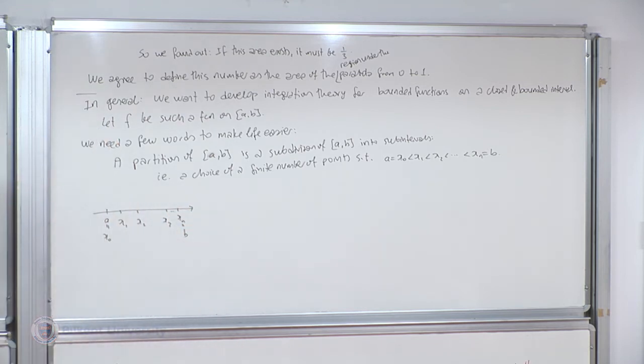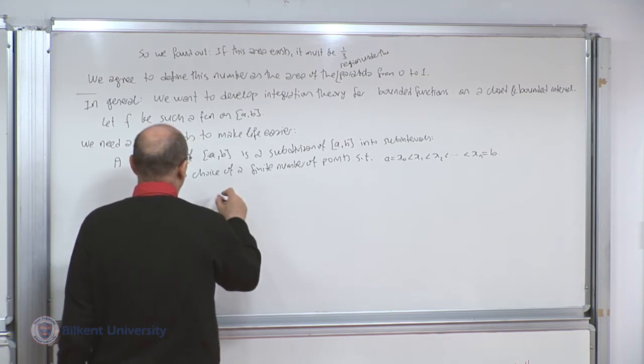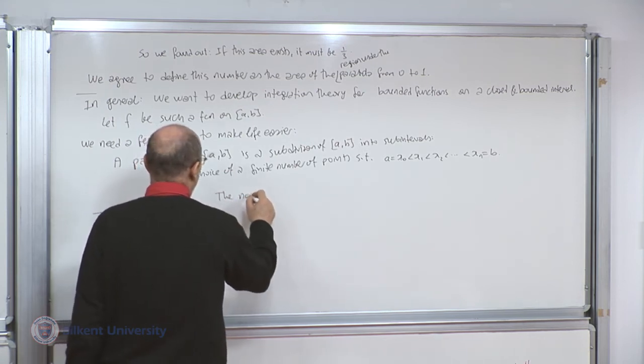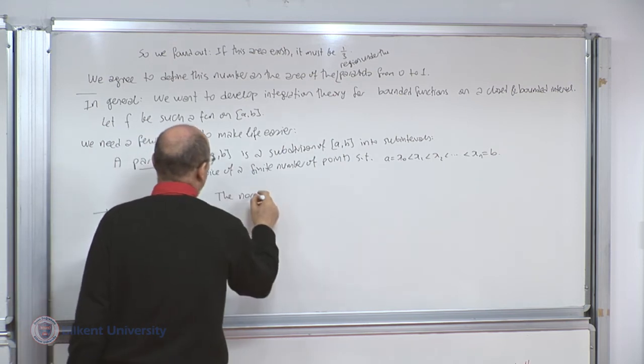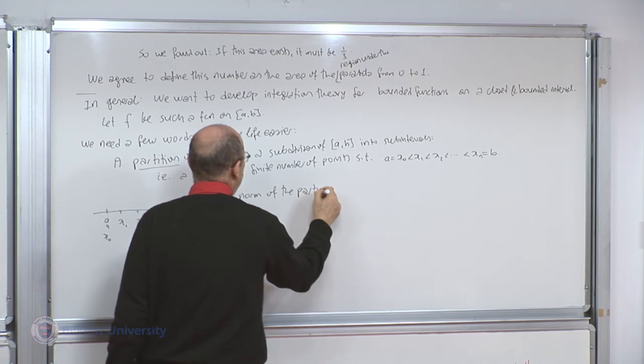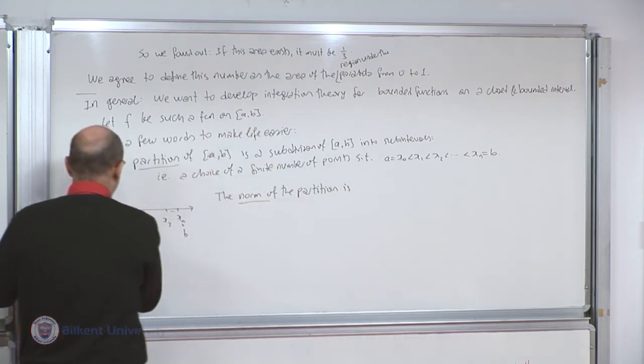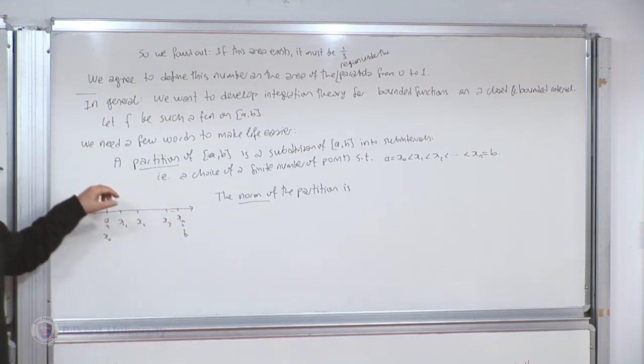We are not claiming that the subintervals must be of equal length. They can be of different length. We'll control that by defining the norm of the partition. Here the norm of the partition is, okay, I'll look at these intervals.